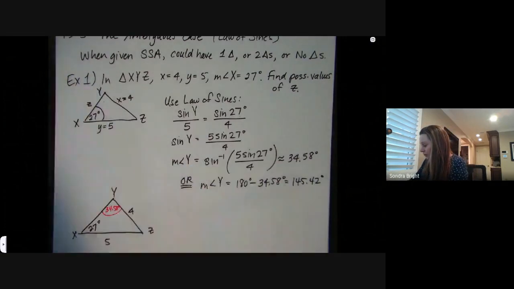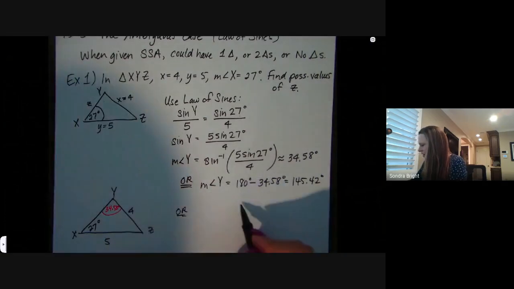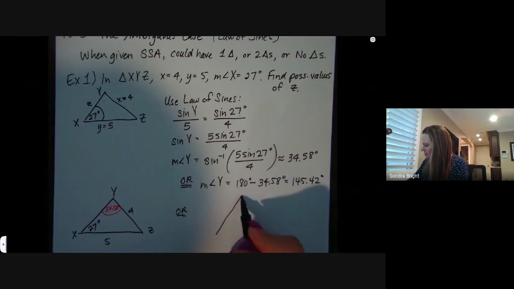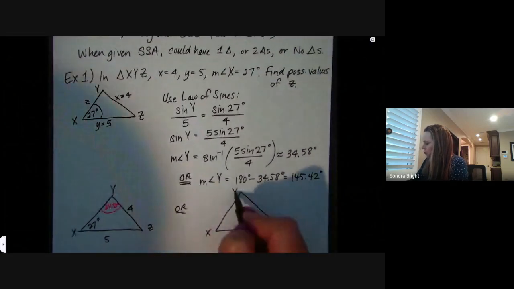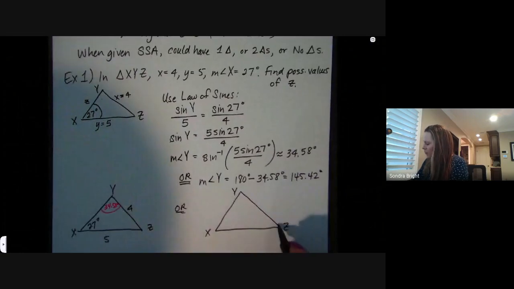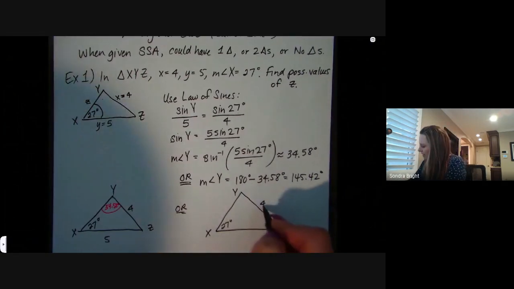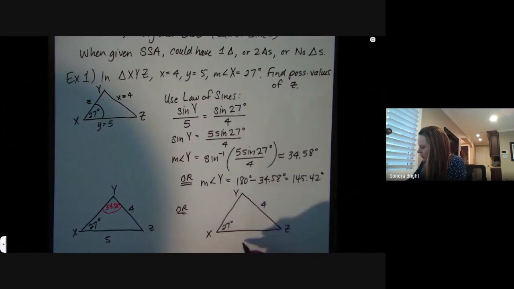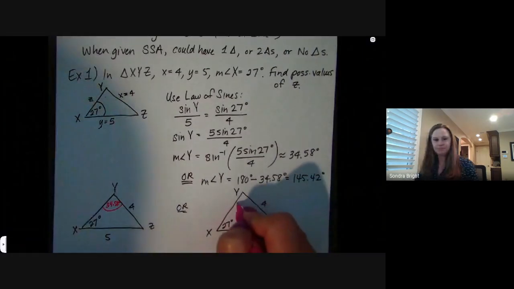Or if there's 2, then the second one, and I don't draw it proportional, I just fill in. If you start taking time to draw a true obtuse angle for angle Y, it'll take you forever. So I just do the same shape. But now the second triangle, if there is one, would be 145.42 degrees for angle Y.